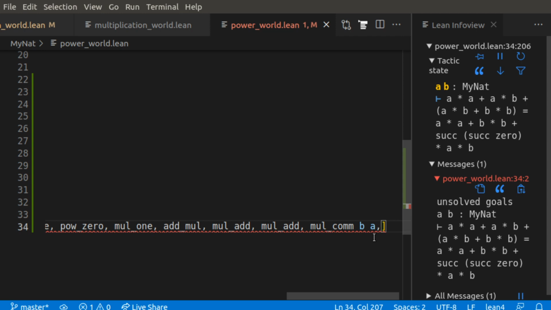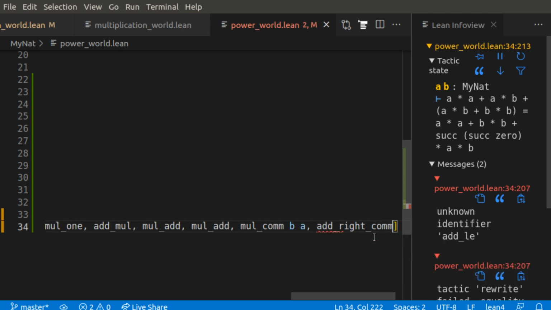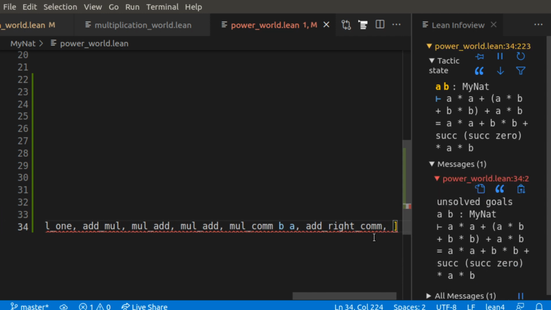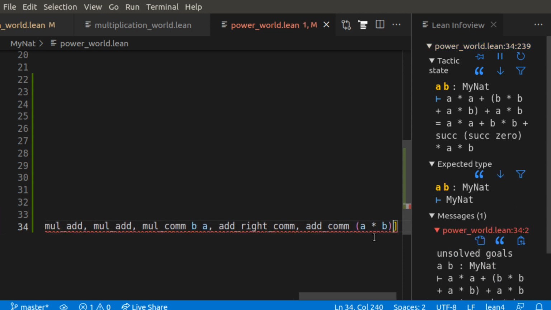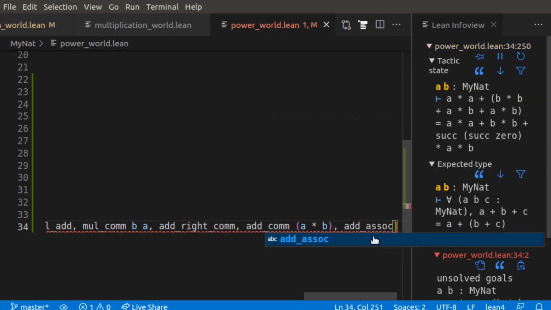We can do add left, add right? What does that give us? AA plus AB plus BB. Okay, now it can maybe add commutative on A times B. Okay, and now we want to move our parentheses over.